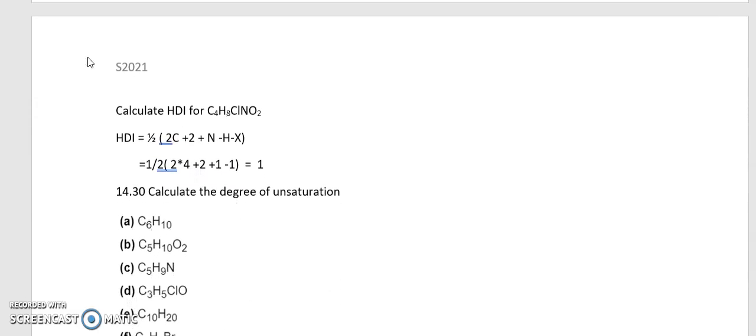Okay, so here we have a fairly complicated molecule. We've got 4 carbons, 8 hydrogens, a chlorine, a nitrogen, and 2 oxygens. Our hydrogen deficiency index is going to be equal to the same formula I just went over.